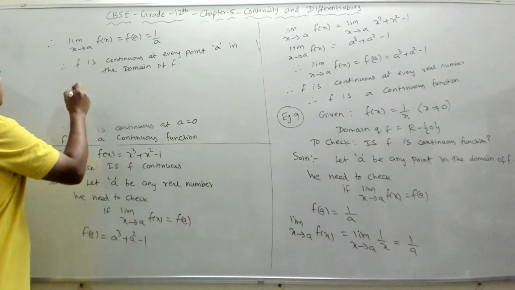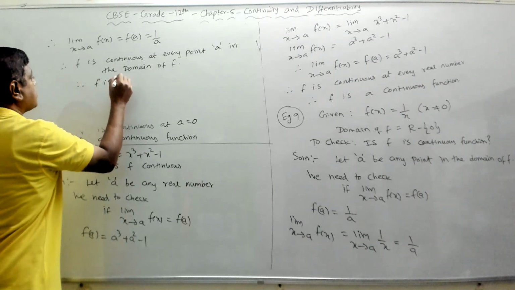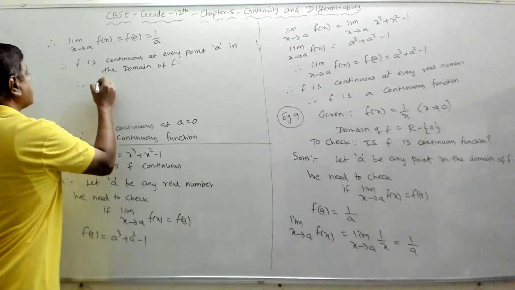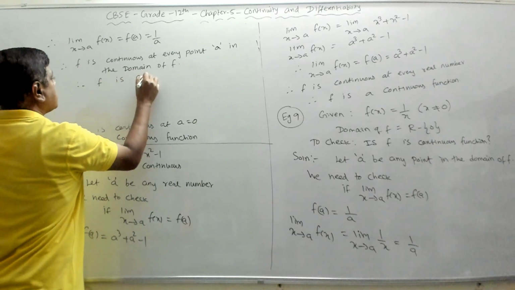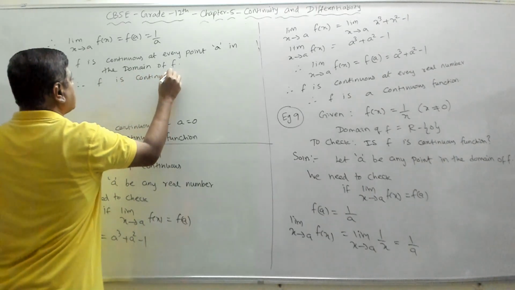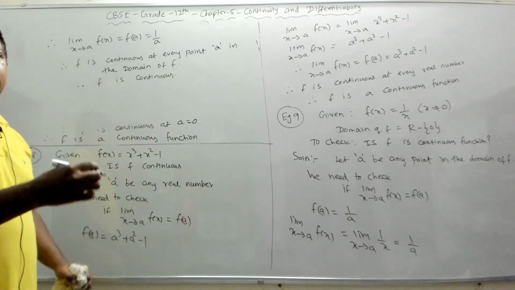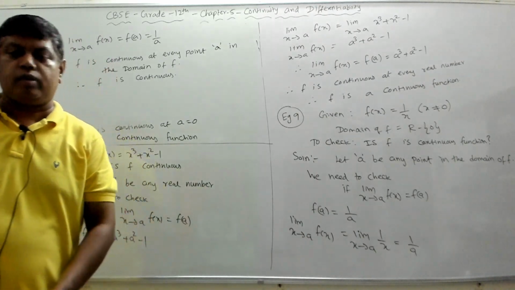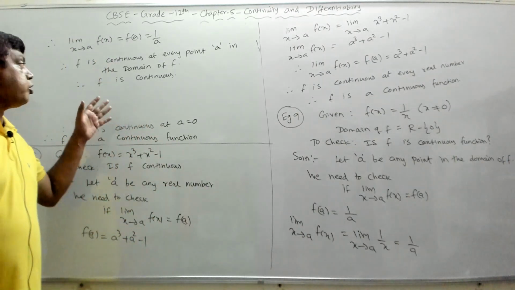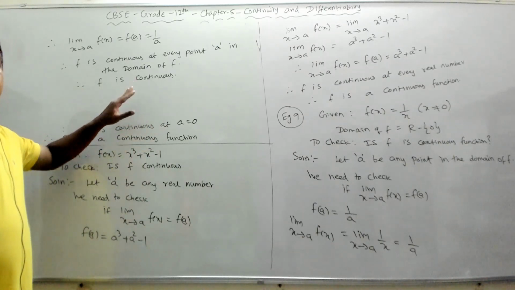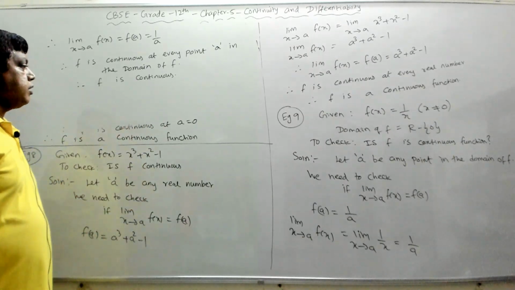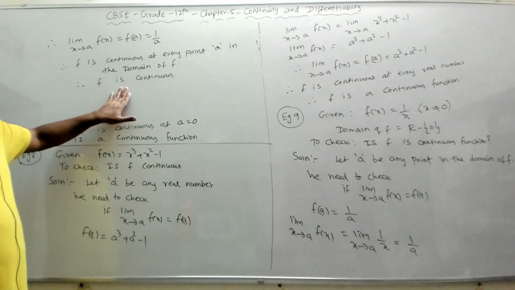So in general, we will say the function f is continuous. That's it. f is continuous because it is continuous at every point in the domain of f. The moment f is continuous at every point in the domain of f, then we call f a continuous function, or we say f is continuous. Right? So this is the end of example 9.